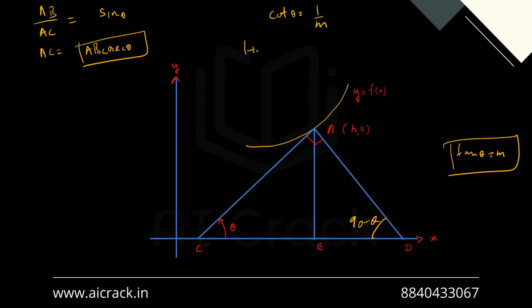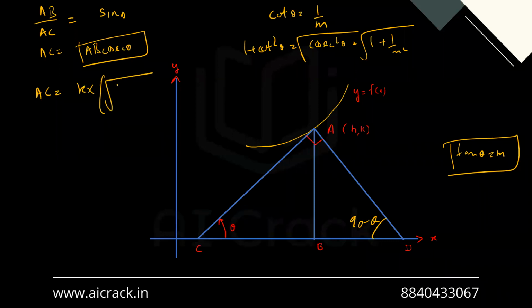So 1 plus cot square theta is cosec square theta, which is 1 plus 1 by m square. Taking the square root, we get the cosec theta value. So AC equals AB, which is k, times under root 1 plus 1 by m square.